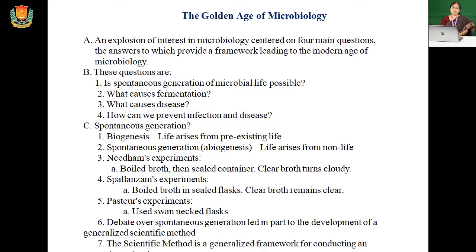Did life originate from a pre-existing living cell, or is it abiogenesis, that is, life may not have come from the living, but may have been generated from non-living forms, right? These questions had to be answered.